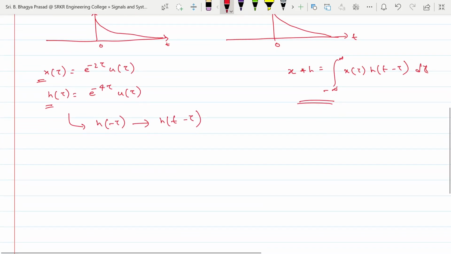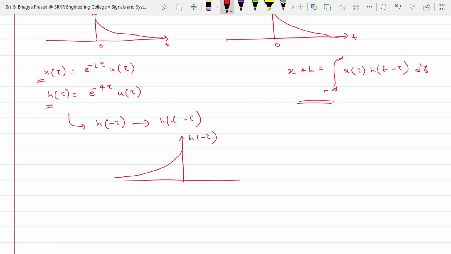That is the time folding of the axis, like h of minus tau, and this will be like this, the tau axis, and this is 0, and this is h of minus tau. Now for this one I am adding t. For every tau value I am adding some small t. So the signal will be shifted to some position.